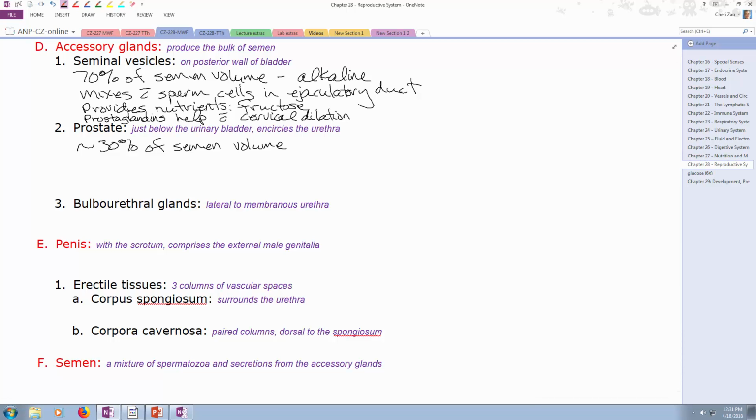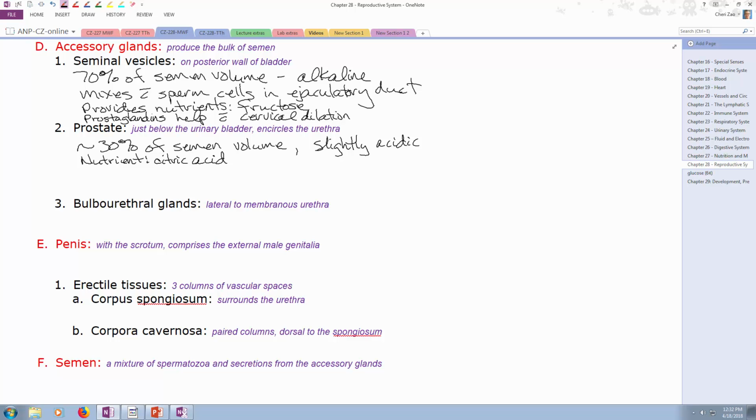What's interesting, this is slightly acidic and has citric acid, which is also a nutrient for the sperm cells.